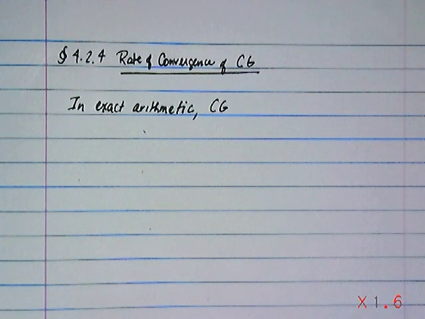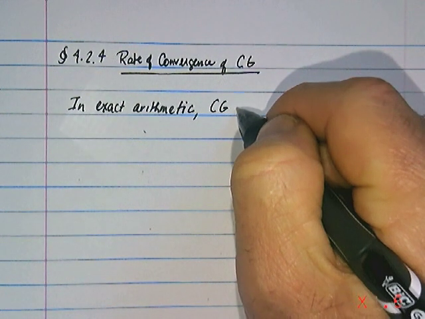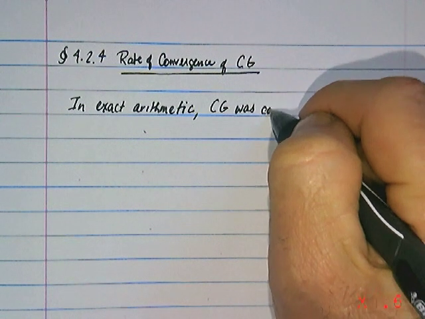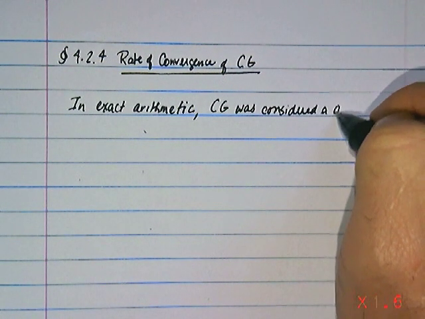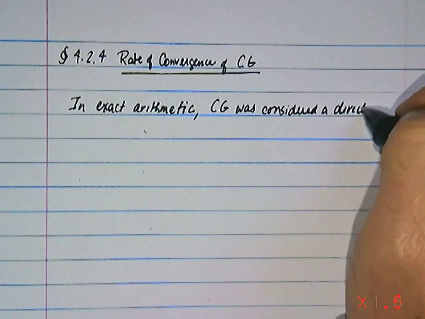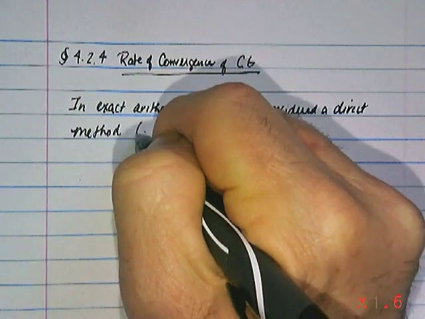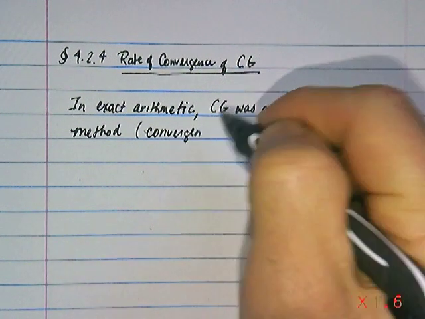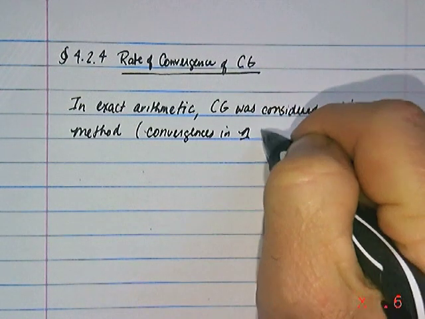So in exact arithmetic, conjugate gradient was originally considered a direct method, because it's guaranteed to converge in n iterations. That's what we mean: in exact arithmetic, it converges in n iterations.